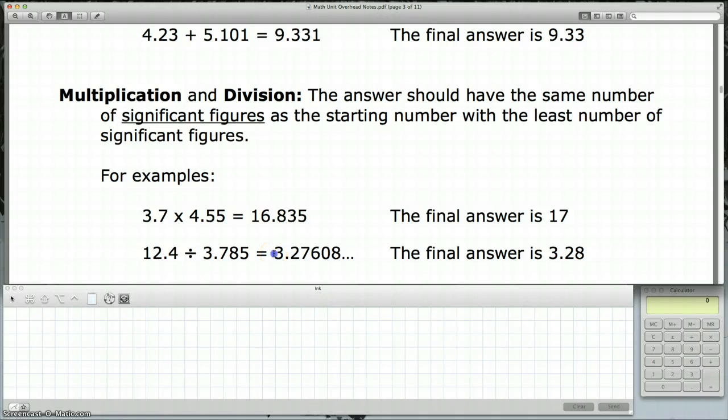So my 3 most important numbers are the 3, the 2, and the 7. Those are my sig figs. Again, I always have to look 1 past my last sig fig to see if that last sig fig rounds up. Here we have a 6, which is going to make that 7 round up to an 8. Because if it's 5 or greater, it rounds up. So my final answer is 3.28.